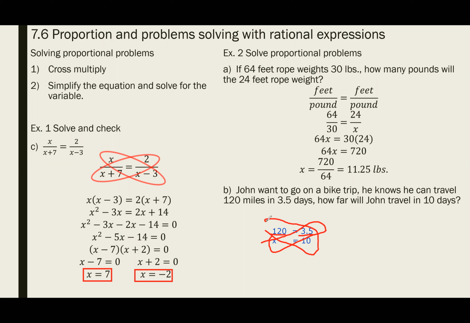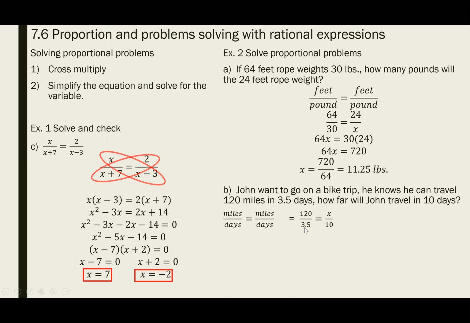You can cross multiply like that, or if you do it this way, for me, I like to set it up so that I put 120 over 3.5, and then I don't know how far, that's why X, and basically the days with the days and the miles with the miles.